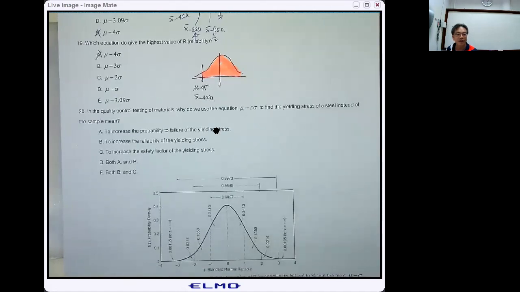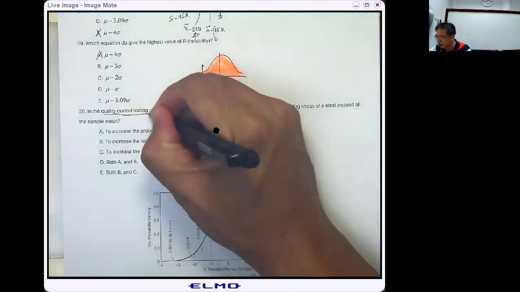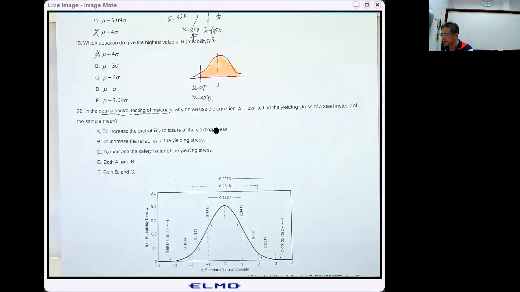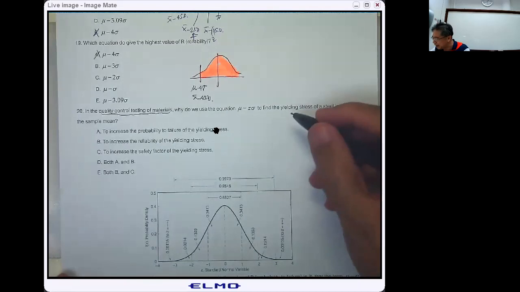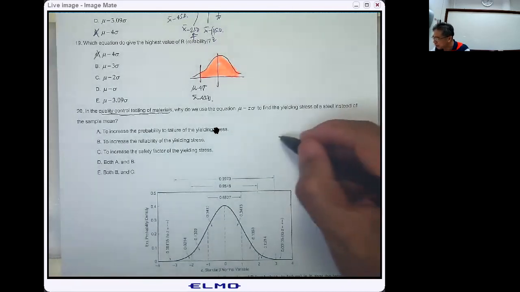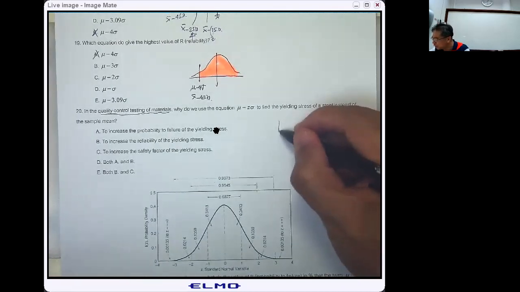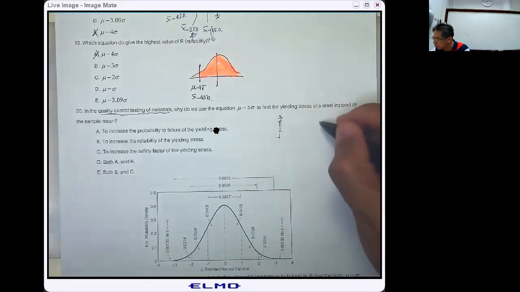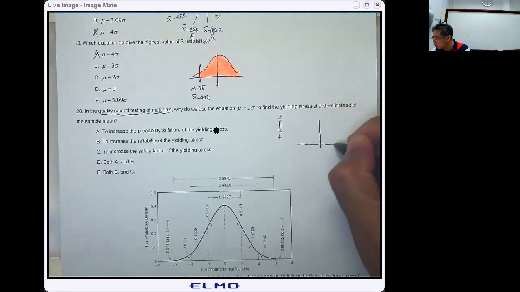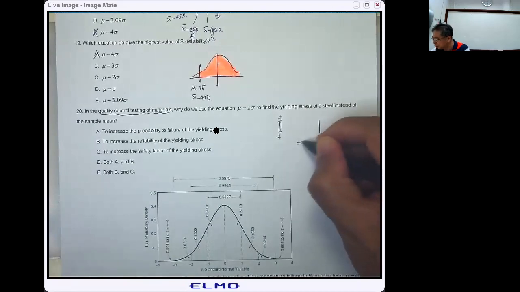And then another question. In quality control testing of material, that is when you work in a factory such as in the steel industry, you produce steel and you test your steel with a lot of samples.